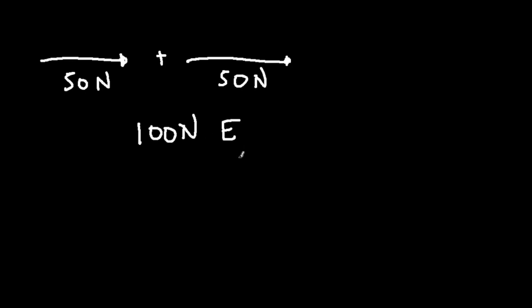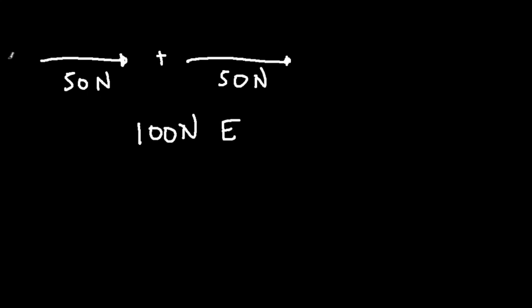Whenever you have vectors which are parallel to each other, that means they both have the same direction, 50 newtons and 50 newtons, both directed to the east, we just simply add the magnitude and then copy the direction. In this case, the direction of the two vectors is east, so we just add the magnitude and then copy the direction. It's really convenient.